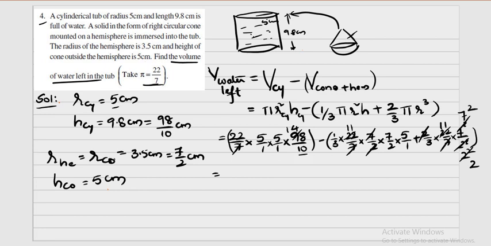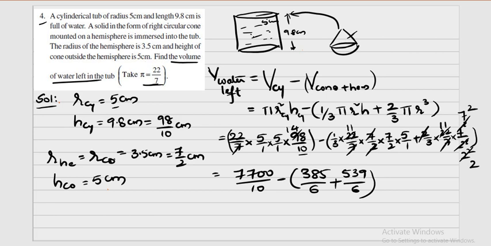The denominator we have is 10 now, so this gives me 7700 divided by 10, minus 11 into 7 into 5, which gives me 385 divided by 6, plus 11 into 7 square. 7 square is 49, and 49 into 11 gives me 539, so this is 539 divided by 6.